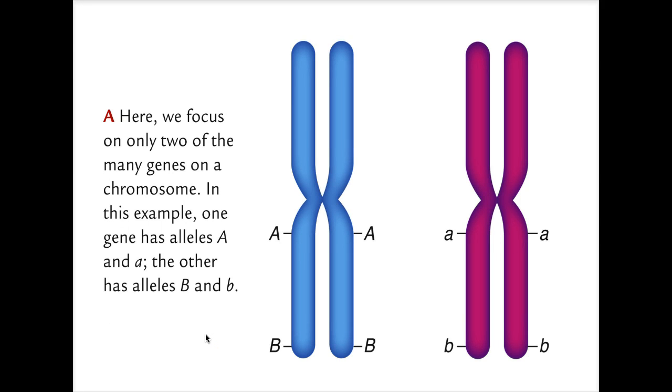Dominant genes are represented by capital letters, recessive genes are represented by lowercase letters. So this father's chromosome that has undergone DNA replication and is now made up of 2 sister chromatids, we're focusing in on 2 genes, and he is contributing the dominance of those 2 genes, whereas the mother contributed the recessives.